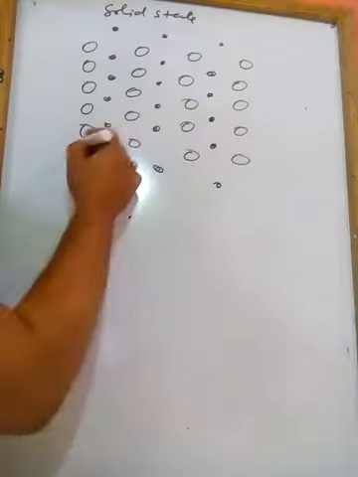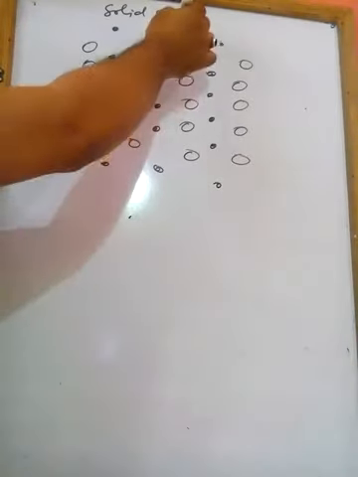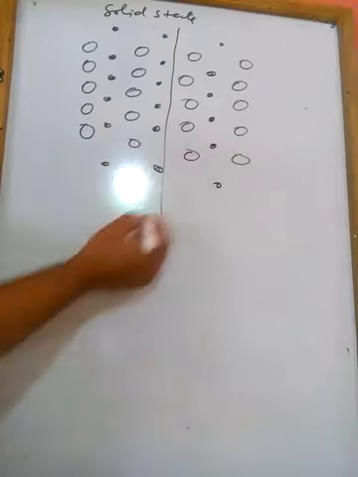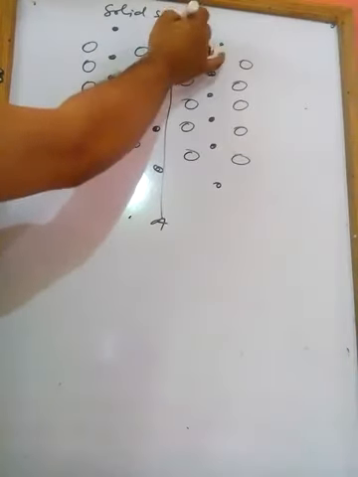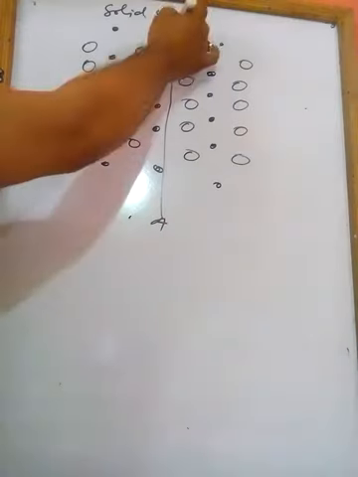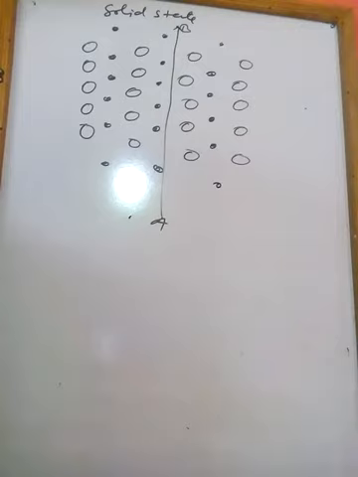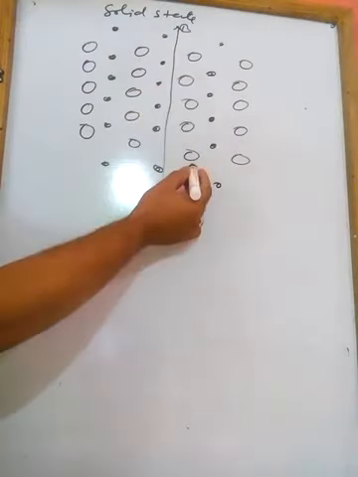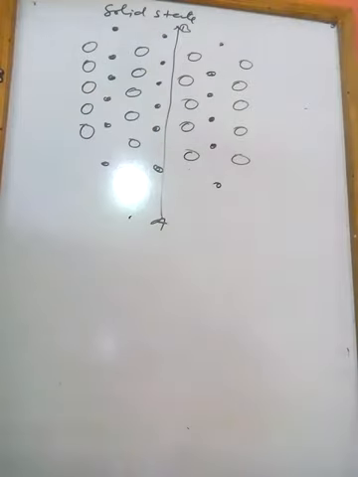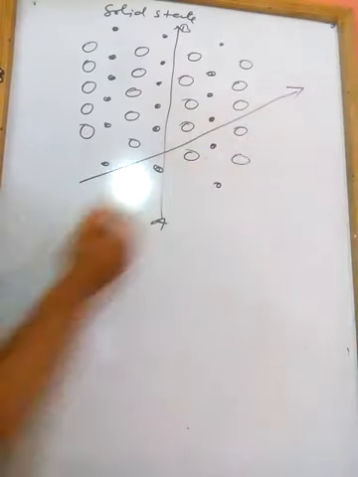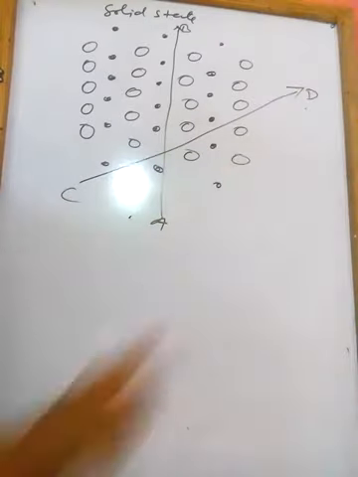How? Along this direction, if we look over here, this is A and it is B. Along this, what can we observe? In this direction, small particles are repeating, or along this, big particles are repeating. But if we look over here, this is C to D.